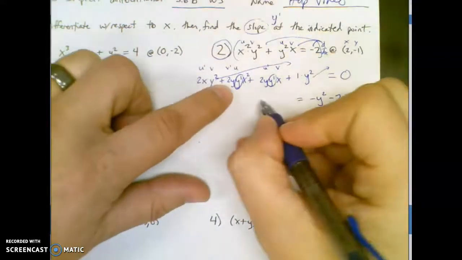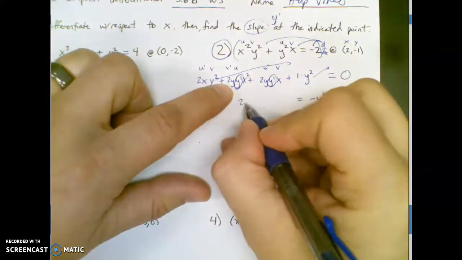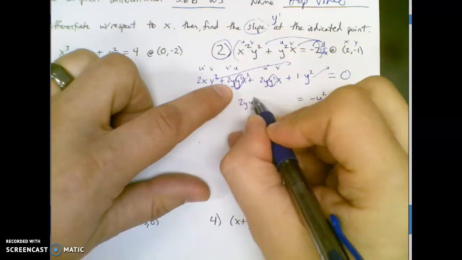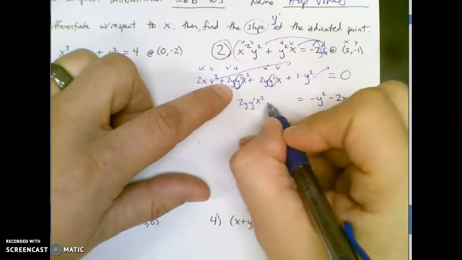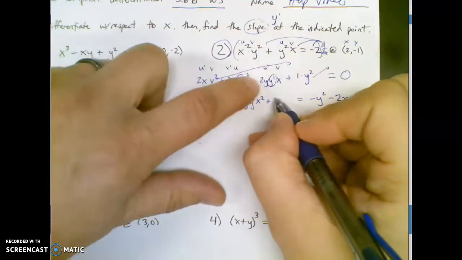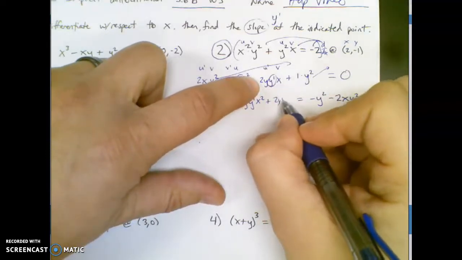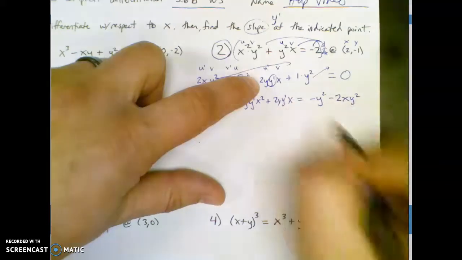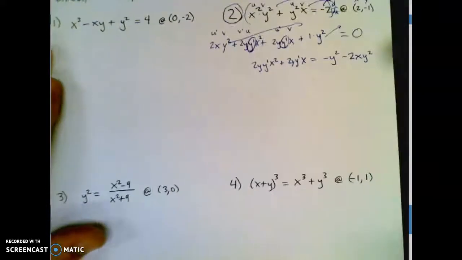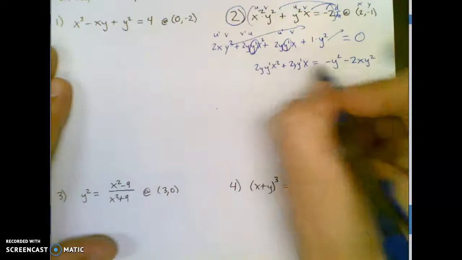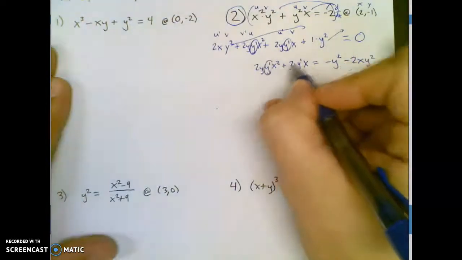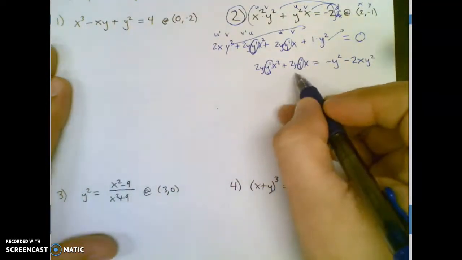On the left side is going to be the two things that were left, which is 2y, y prime, x squared. You can change the order around if you want, bring the y prime to the back or to the front, or you can leave it like I am because it doesn't matter. Now I have gotten all the y primes on one side, but they're not isolated.